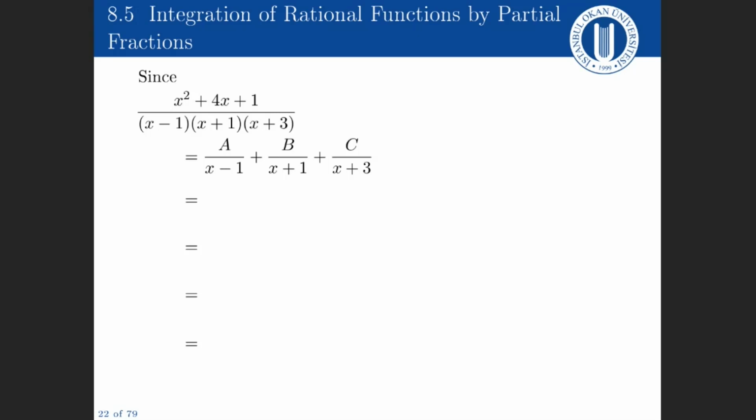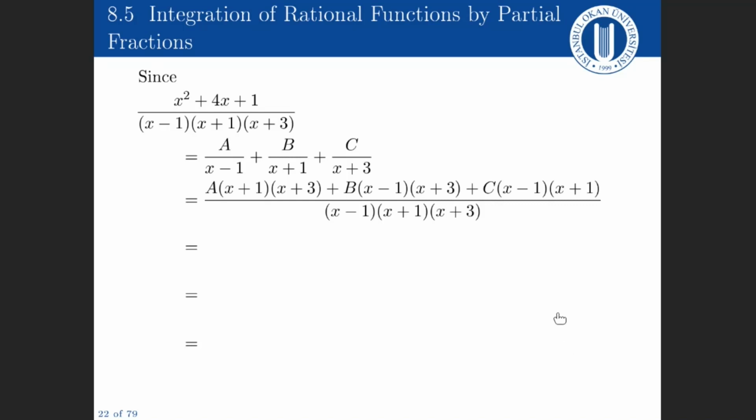What are the factors of the denominator? There's (x - 1) to the power 1, (x + 1) to the power 1, and (x + 3) to the power 1. So it's going to be something over (x - 1) plus something over (x + 1) plus something over (x + 3). We need to find a, b, and c.